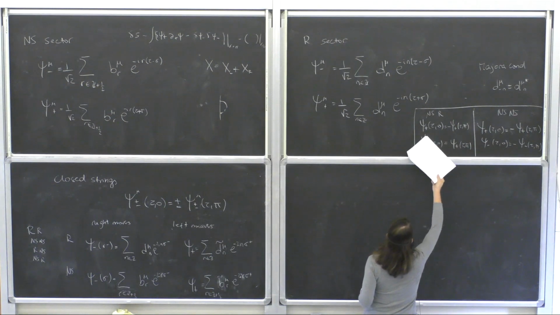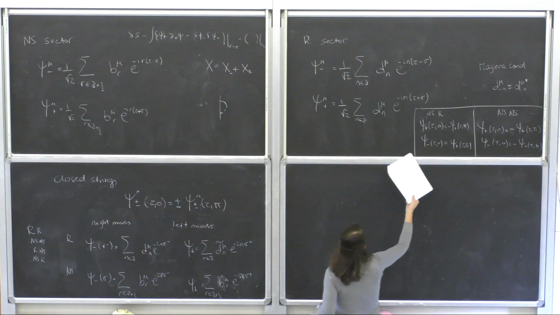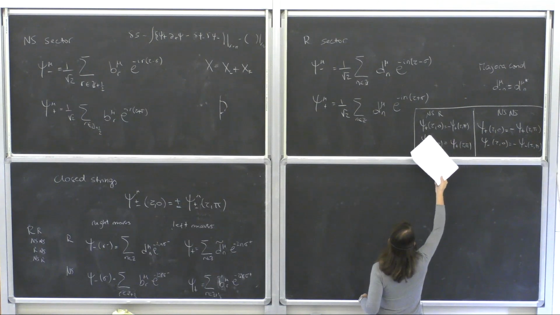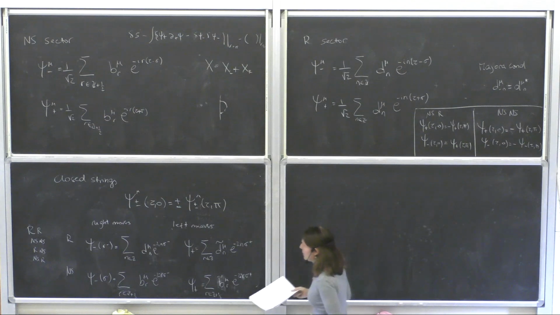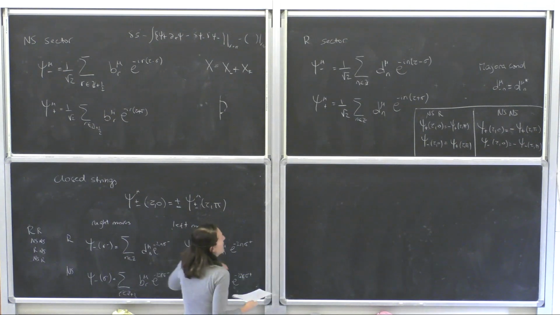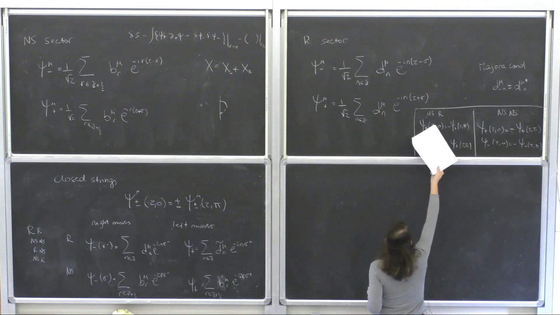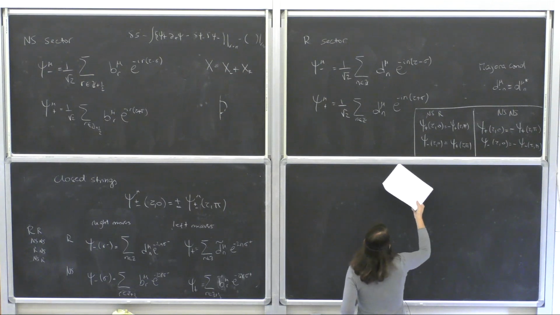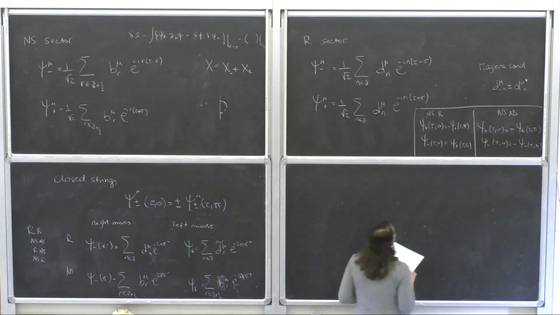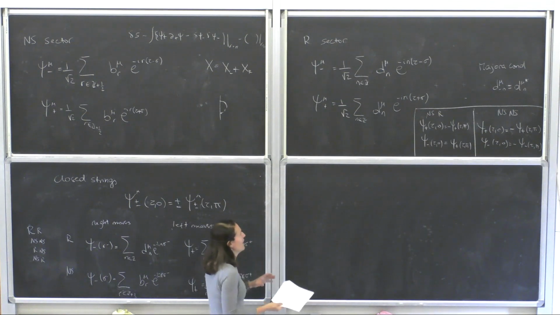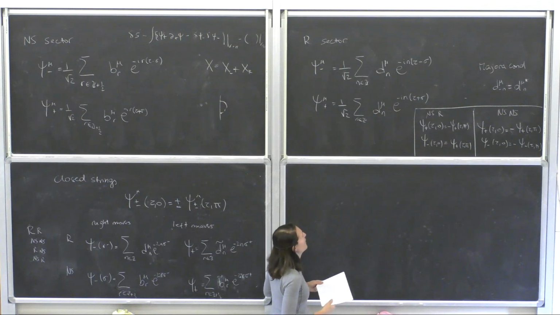And for example, NS-R, you choose a minus in the NS sector. So the NS sector is choosing a minus, and plus means it's left movers. I tried to put the left on the left and the right on the right, but that's not usually the case.